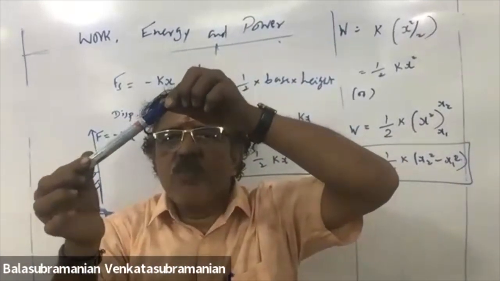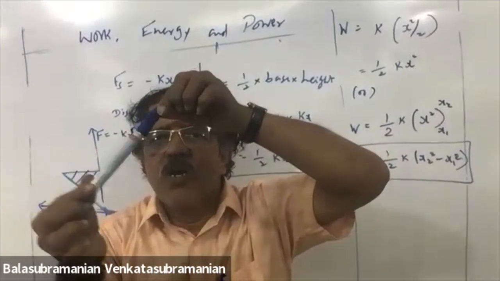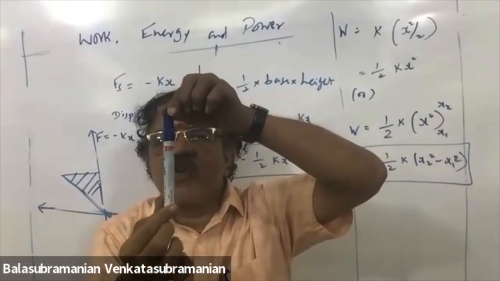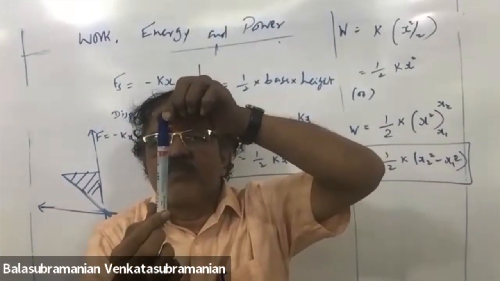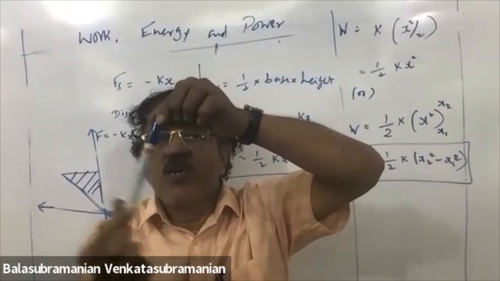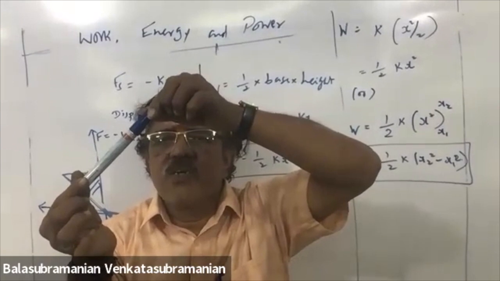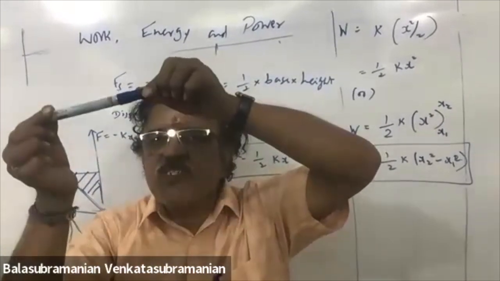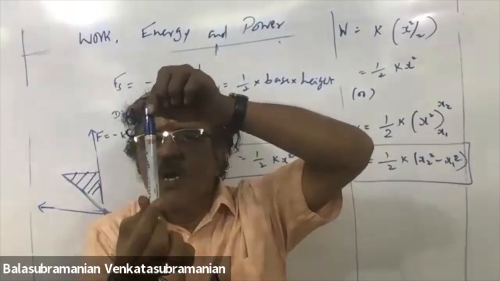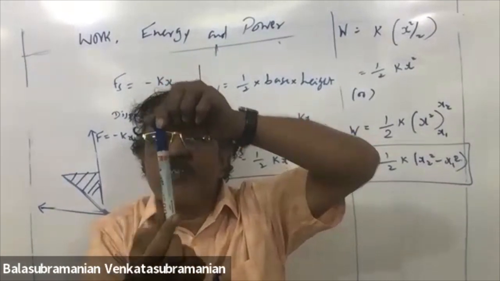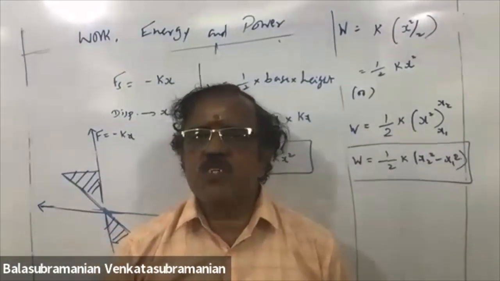So extreme position, velocity 0. Mean position, there is no displacement. So potential energy is 0. Extreme position, velocity 0 means kinetic energy is 0. So at both extreme positions, kinetic energy is 0. Mean position or equilibrium position, potential energy is 0.